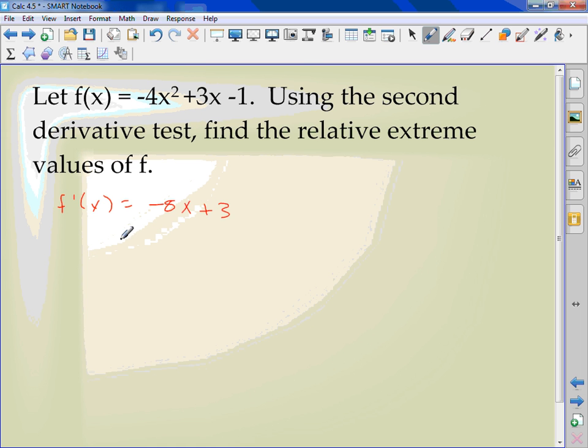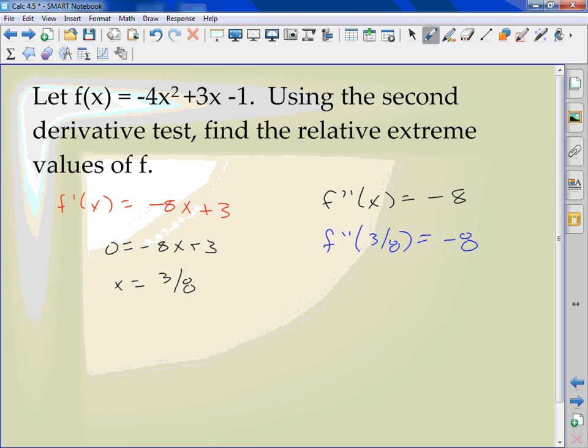If I set it equal to 0, x ends up being 3/8. I take and find the second derivative. Second derivative is -8. All right? F double prime of 3/8. If I put in 3/8 for x, what do I get?